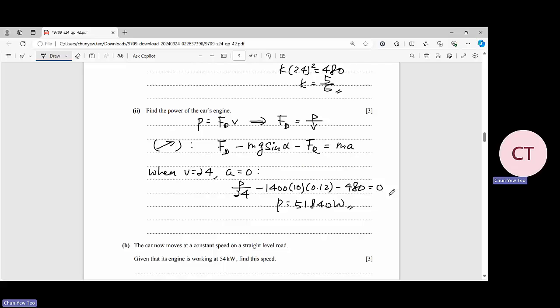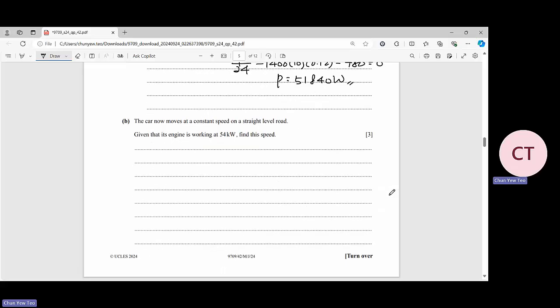Now we're moving on to part B. The car now moves at a constant speed on a straight level road. That means it's horizontal already. Given that the engine is working at 54 kilowatt, find the speed. Now the P is 54,000.